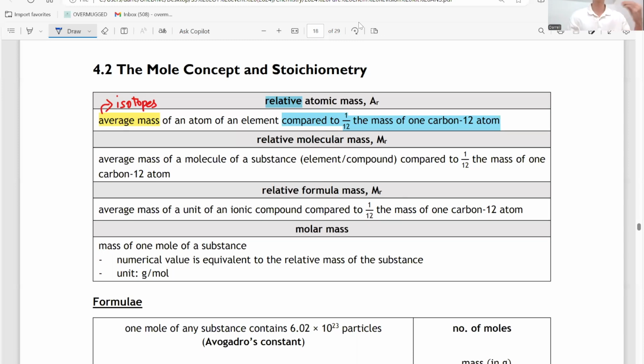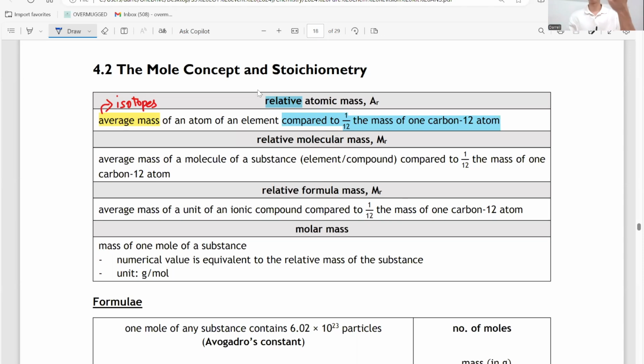If you come to realize, the 24 actually has no units. Now, why is that important for you to understand? It's because when we use the word relative, relative is just in comparison to. And who are we comparing this mass to? We are comparing to the most commonly available element on Earth, which is carbon. Let me elaborate. Carbon, if you check the periodic table, the mass is 12. Why is it 12?